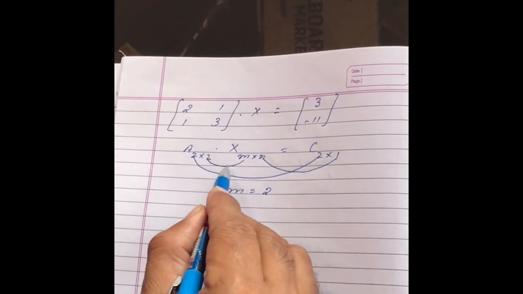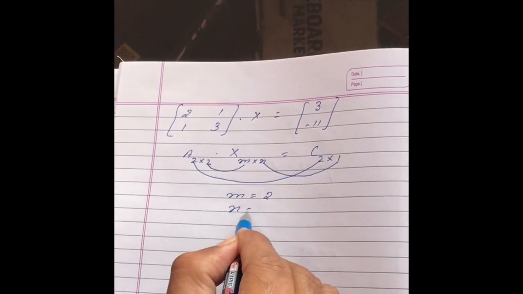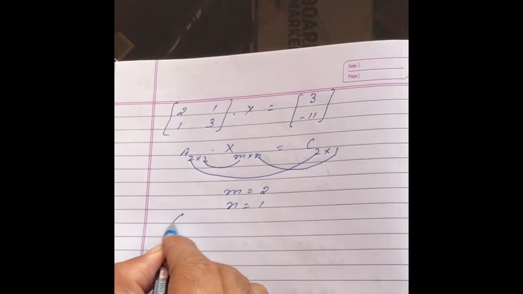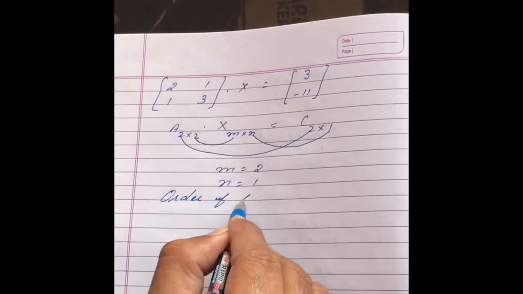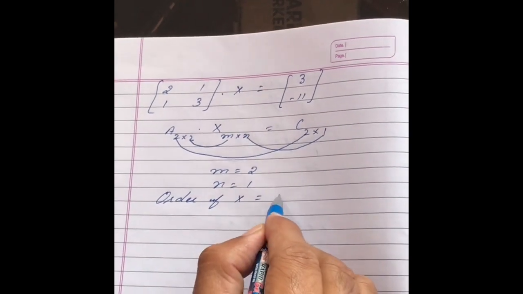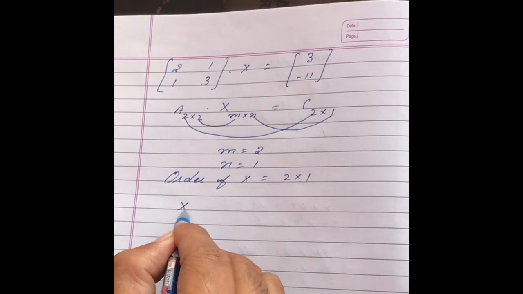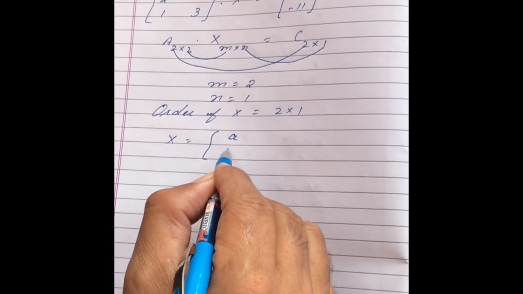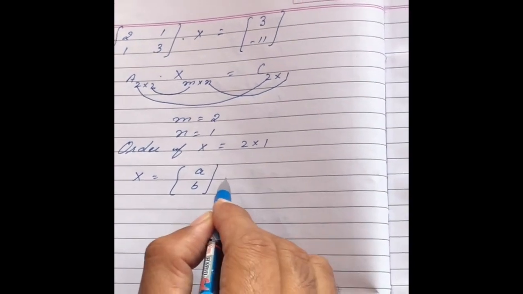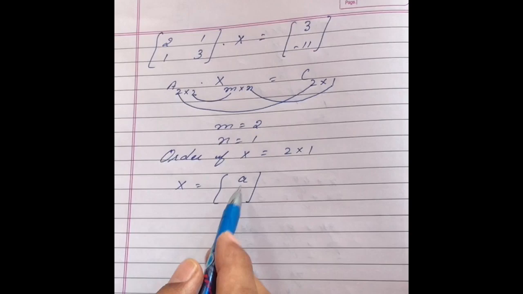N combines with 1. N is 1. So order of X is 2 by 1, 2 rows, 1 column. Let X be equal to [a; b]. So now I put value of X here and find the value of a, b.